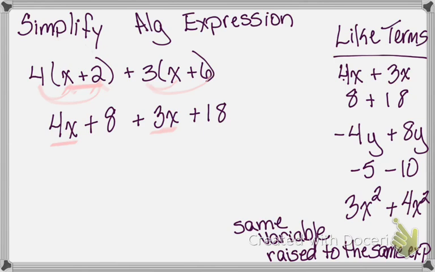What is 4x plus 3x? 7x. Here I have 8 and 18. What is that? 26. Can I combine 7x and 26? No, because they are unlike terms.